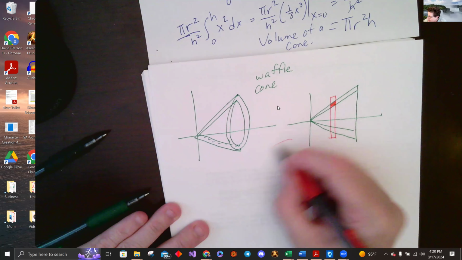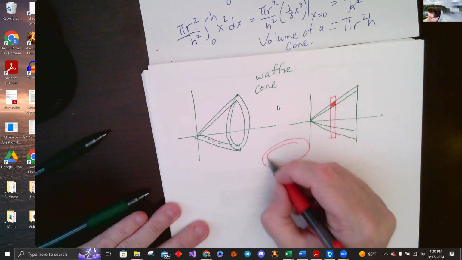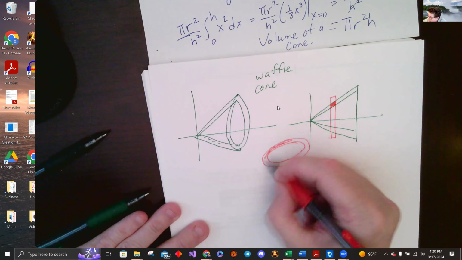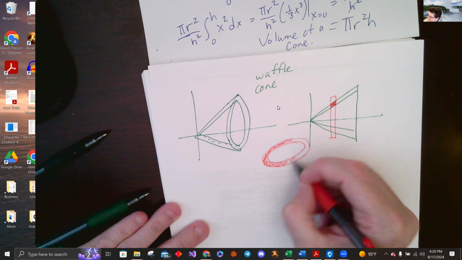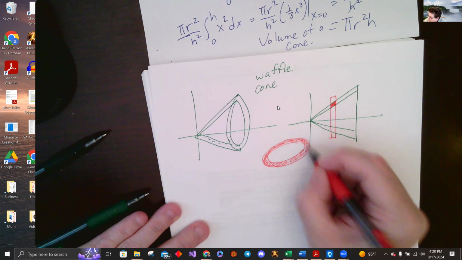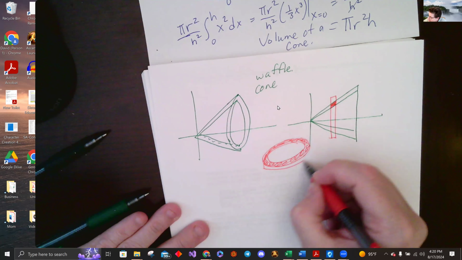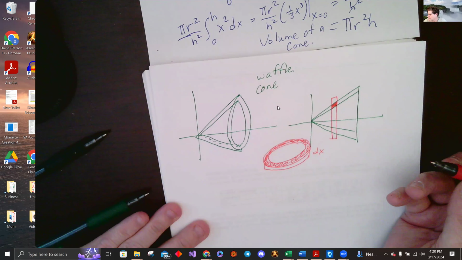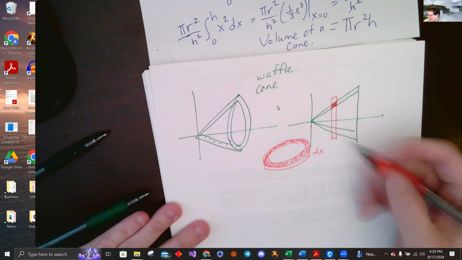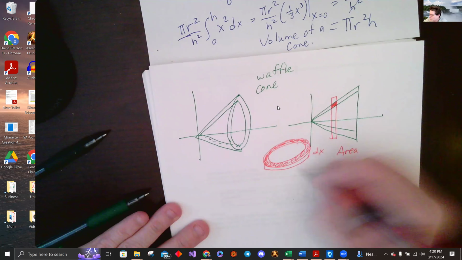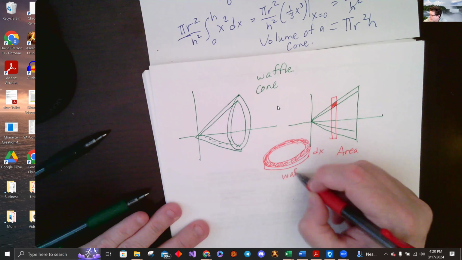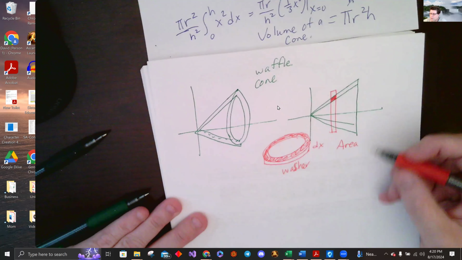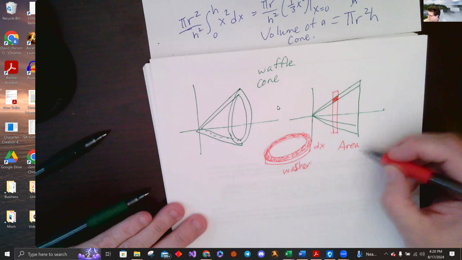From overhead, it's making a ring with a thickness of dx. This is called a washer because it looks like a screw and washer. So how do we do the area?